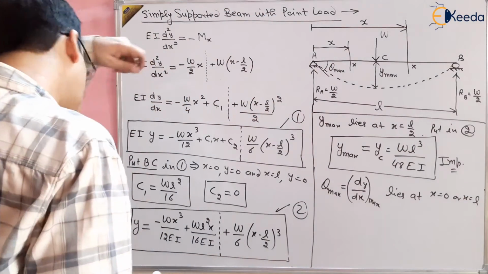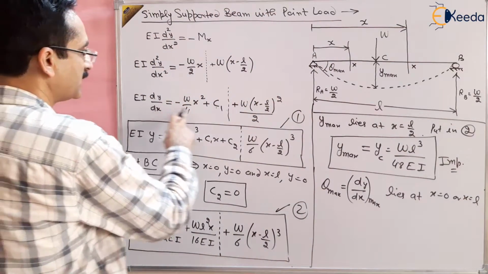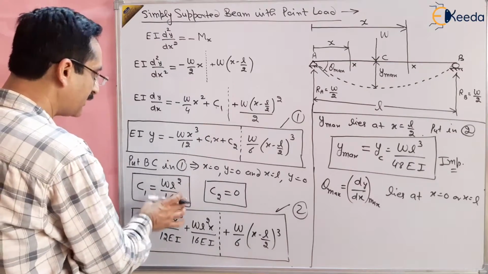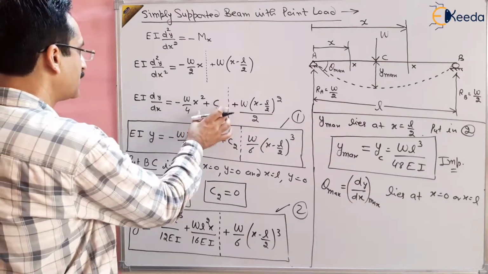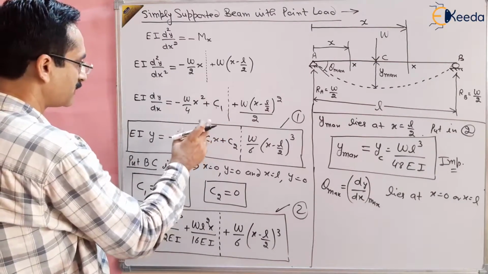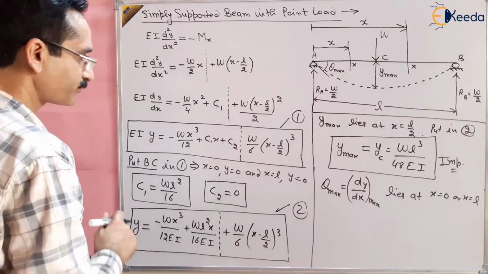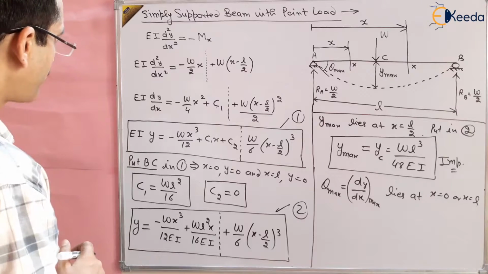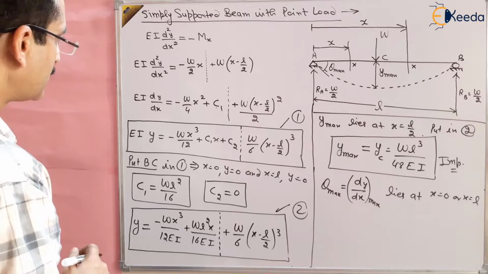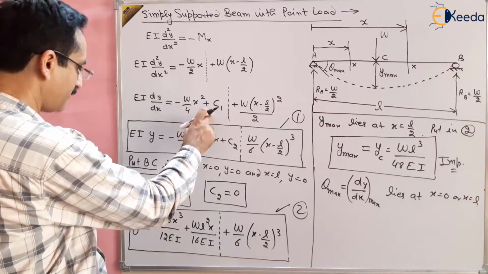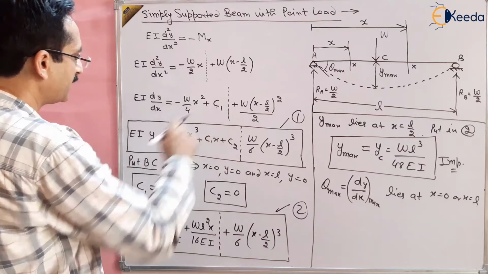So put the value of C1 here in this equation and you will get the deflection, and later you will get the maximum deflection when you put x equal to 0, right? So you can put here the value of C1 so that you can get dy by dx.